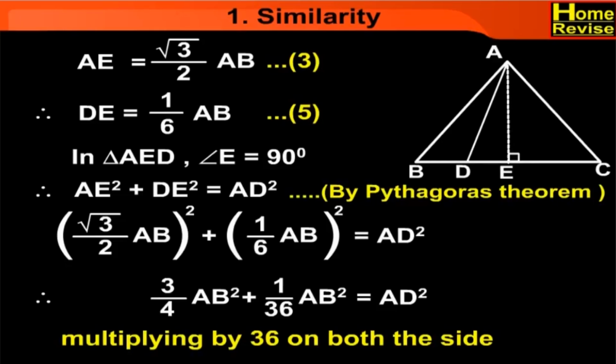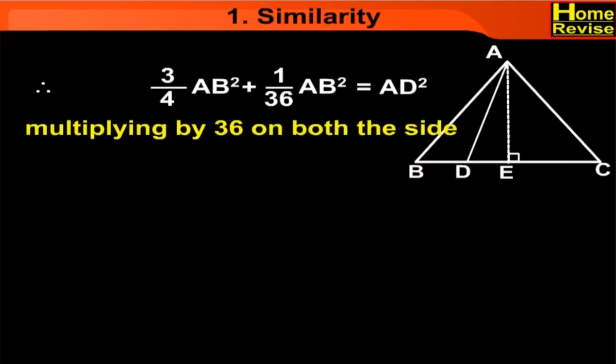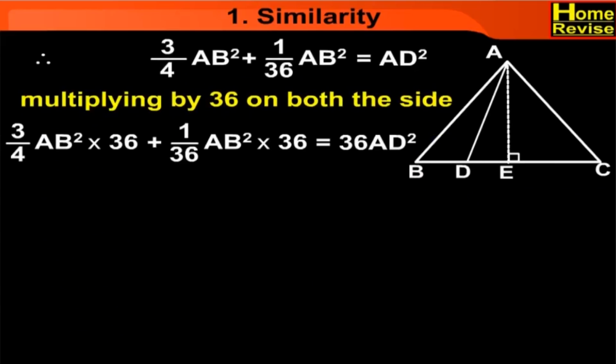Multiplying by 36 on both the sides, we get 3/4 AB square into 36 plus 1/36 AB square into 36, which is equal to 36 AD square. Therefore, 27 AB square plus AB square is equal to 36 AD square.